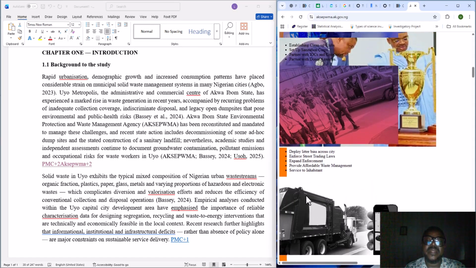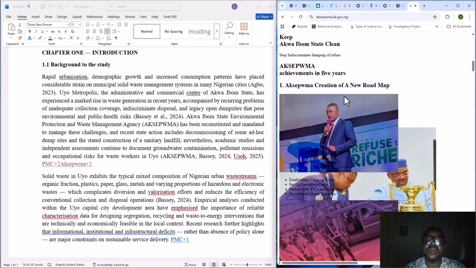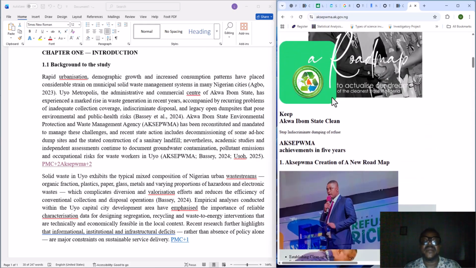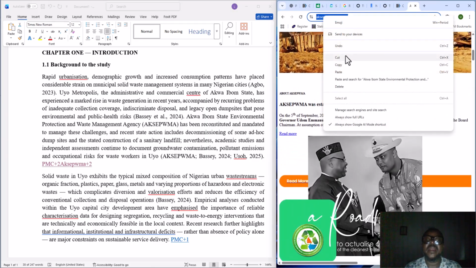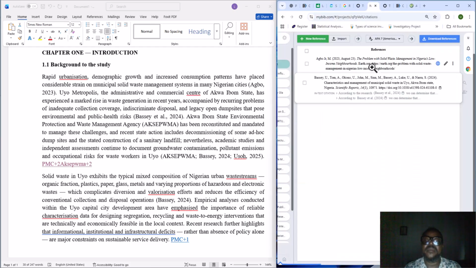These are the things that we were mandated to do. This is a new roadmap. Okay, so we take the link because that link contains the information. Copy, and we go to my bib.